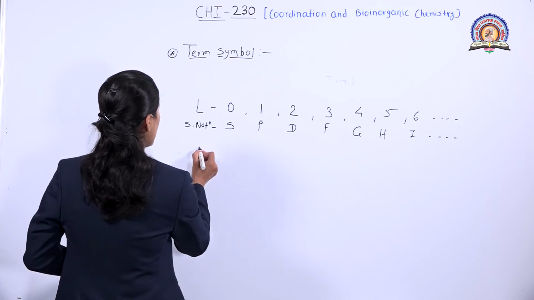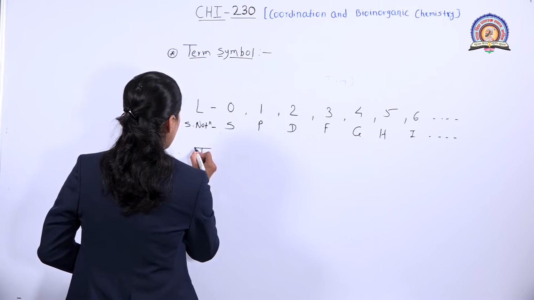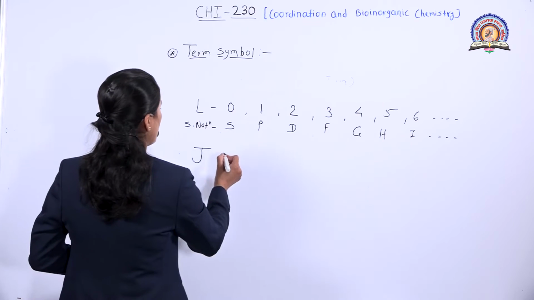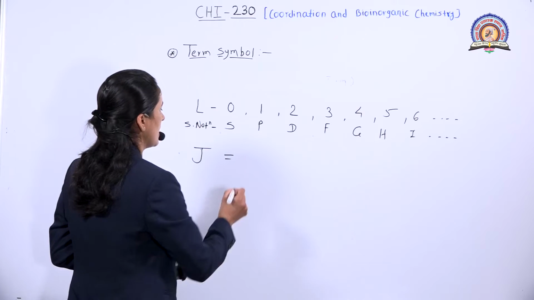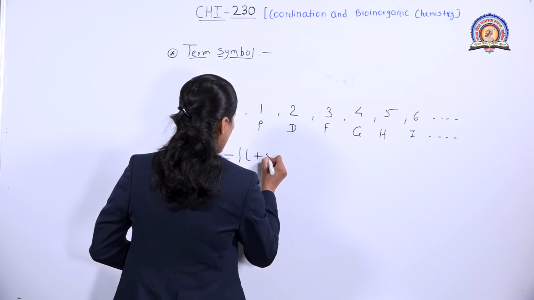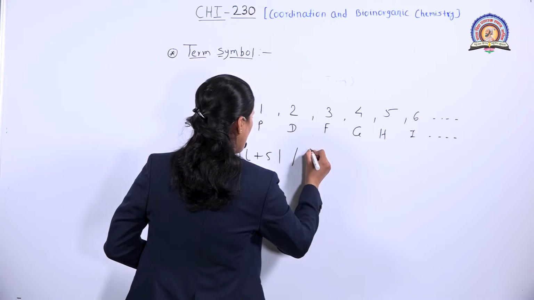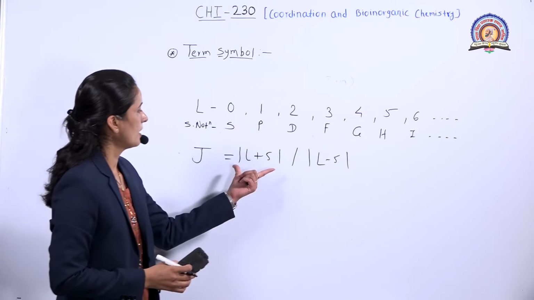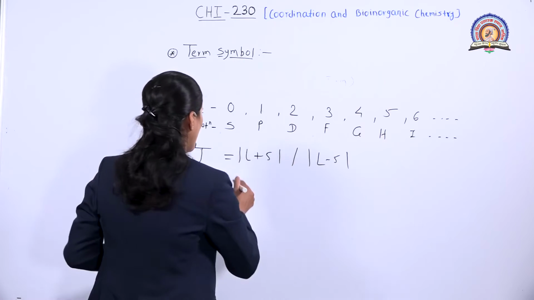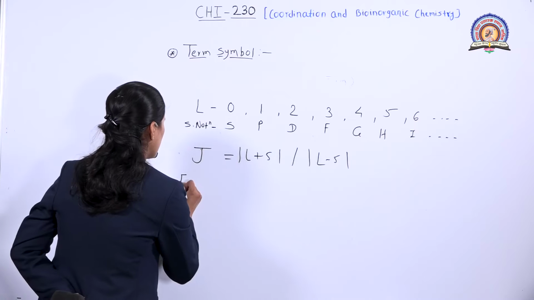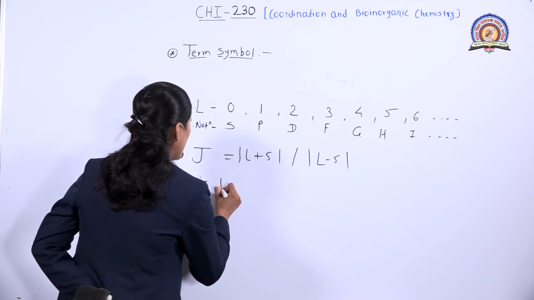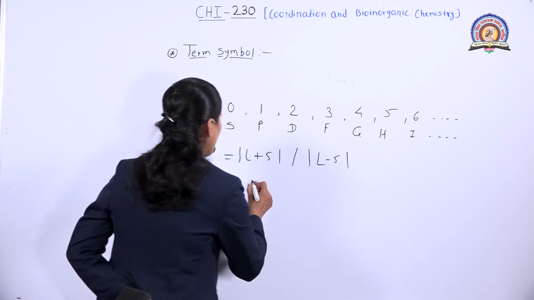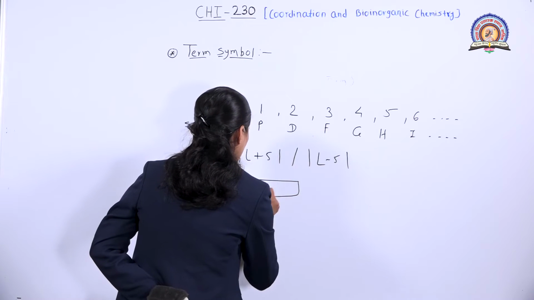Now the question is how to calculate J, that is, how to calculate total angular momentum. There are two formulas to calculate this J, either L plus S or L minus S. For example, suppose we have P2 configuration. We know very well the P orbital.